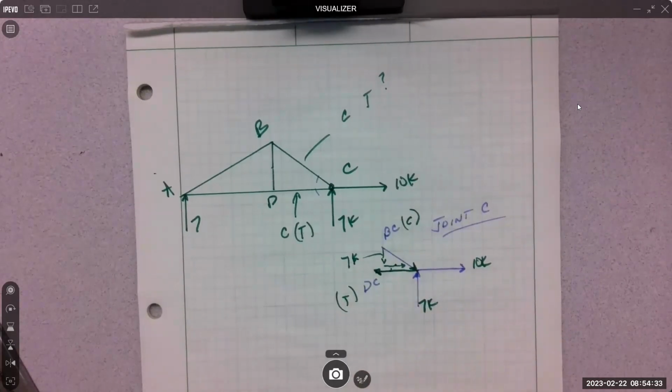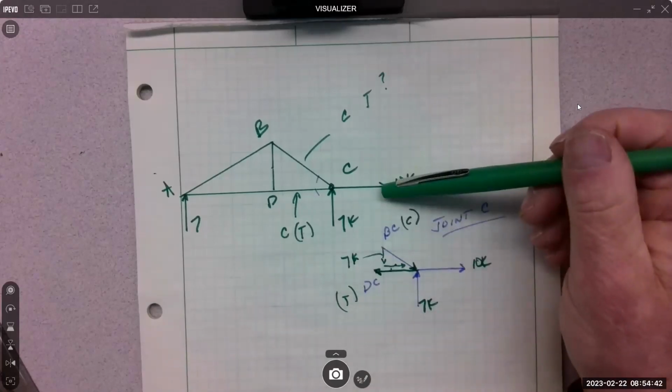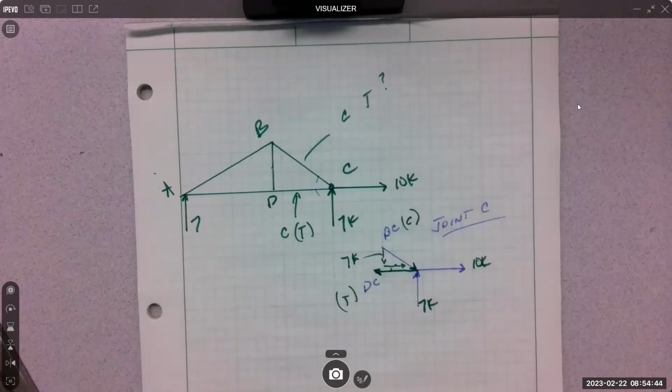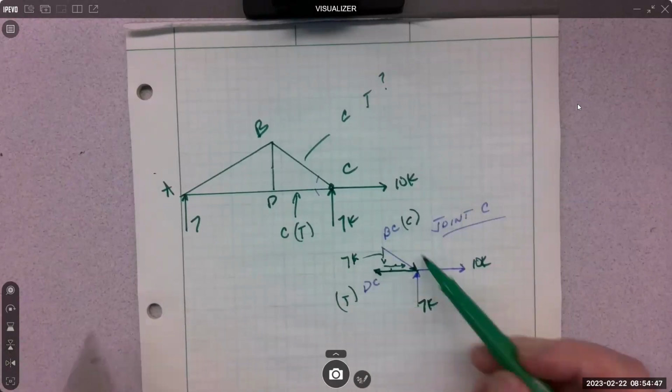Right? What if it would be 10K going to the left? Oh, same problem, but this is going left? Yeah. So how does that change this?